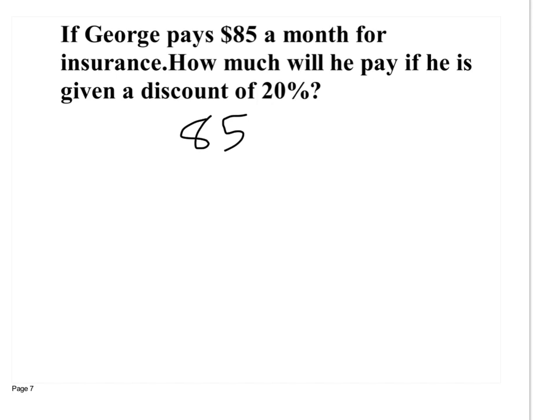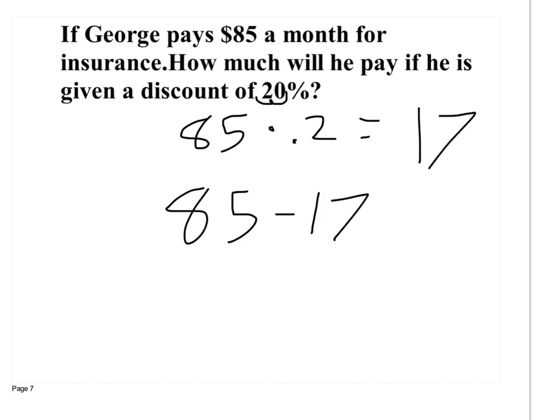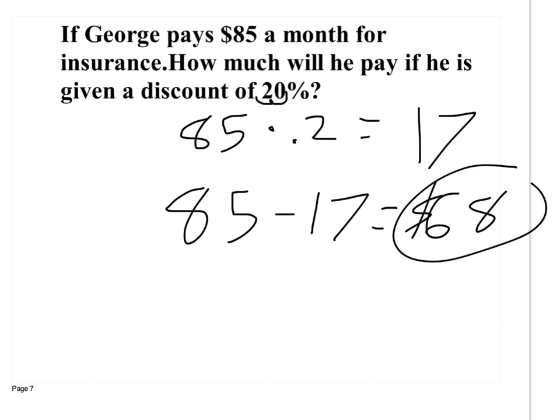So we take 85 times 0.2. Remember, you moved the decimal 2 places. So 85 times 0.2, you get 17. It's a discount, so we take 85 minus 17, which is $68. So that's how much he will pay after a 20% discount.